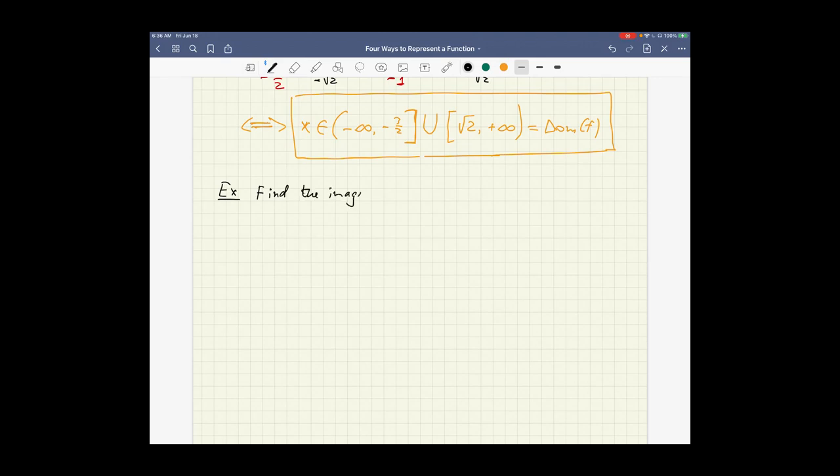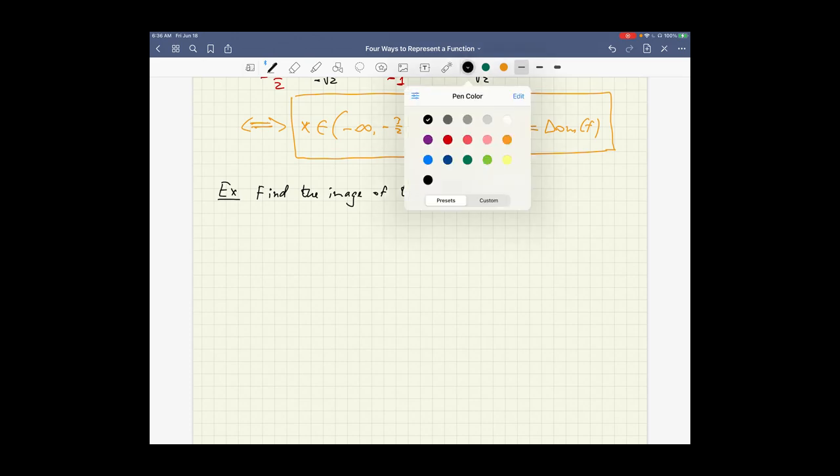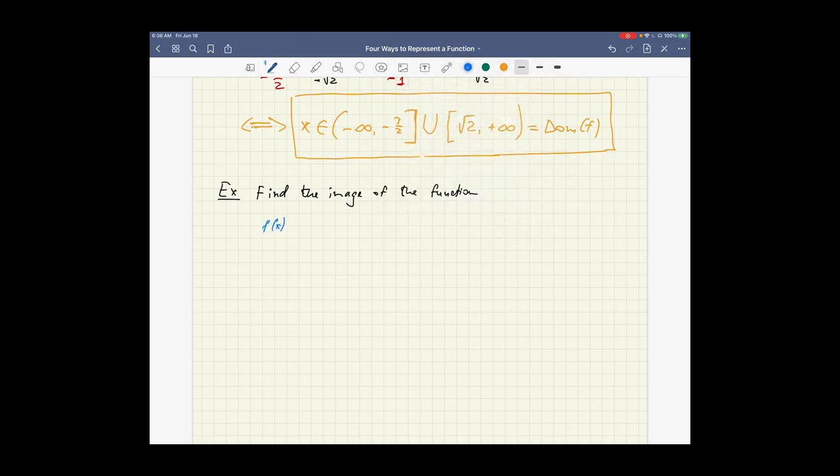Find the image of the function f(x) equals 4x plus 8 over x squared plus 5.